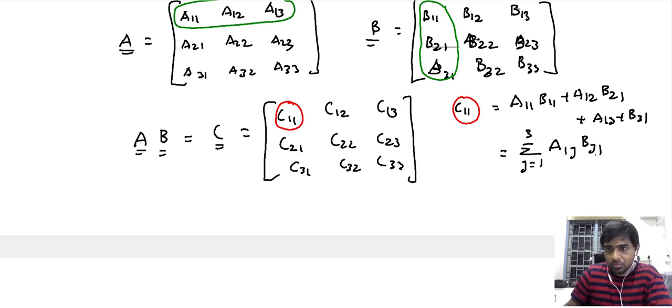I hope you are able to understand how we transform this expression to this expression. So C11 is rather written as, we have not changed much. What we are essentially doing is identifying the repeating indices.